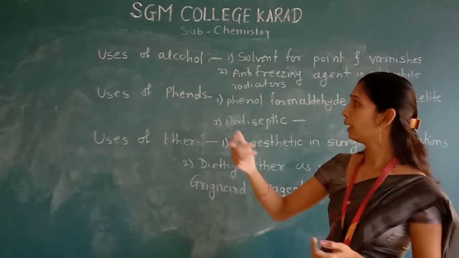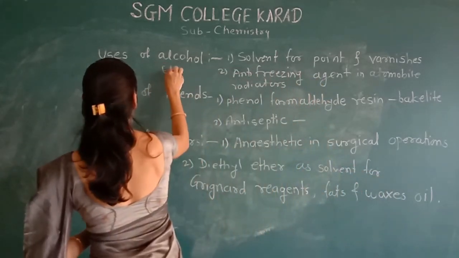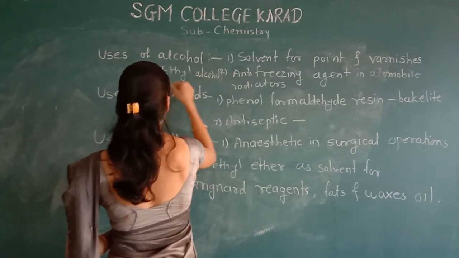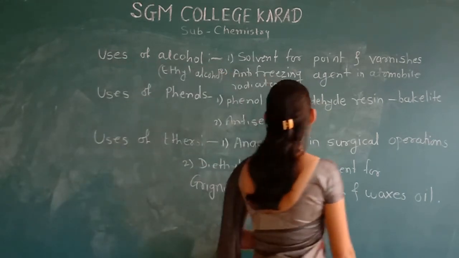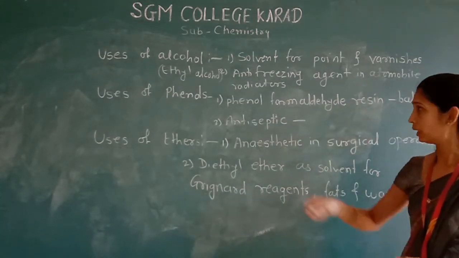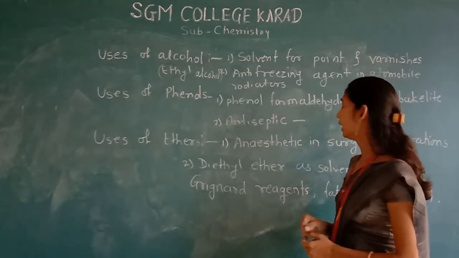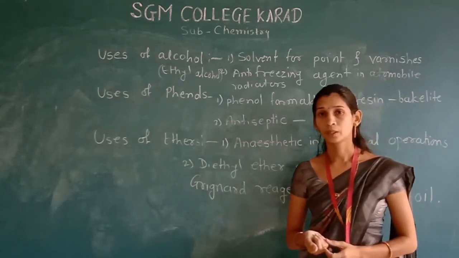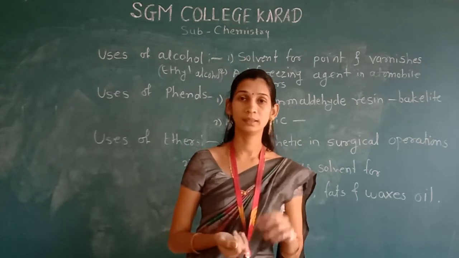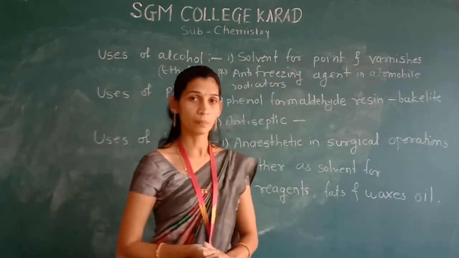Now if we take ethyl alcohol, that ethyl alcohol is used as an anti-freezing agent in automobile radiators. Nowadays alcohol is used in making sanitizers. That's also a use of alcohol.